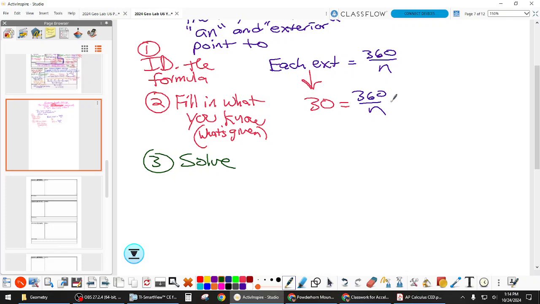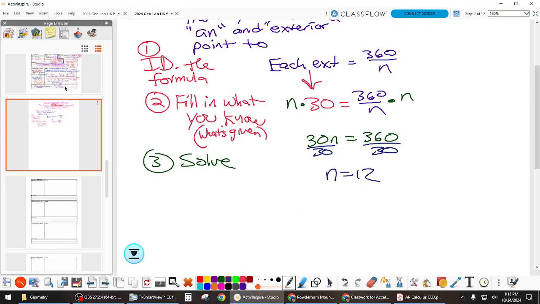Yeah. So this becomes 30N equals 360, and then what? So a lot shorter process. Both the exterior angle cases are way easier, I think, than the interior.